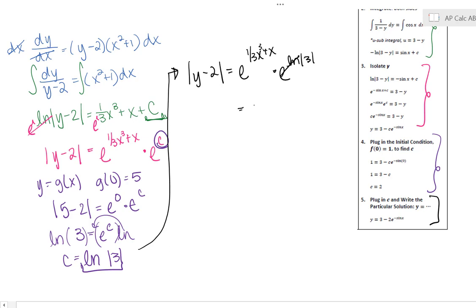So this equals 3 e to the 1/3 x cubed plus x. And right here I have absolute value, and that means that plus or minus would work, but I want to get this boiled down to one or the other. I am given my initial condition that g of 0 equals 5.